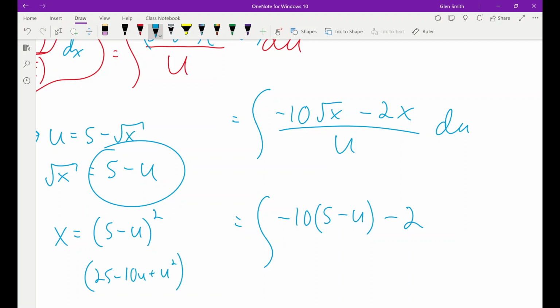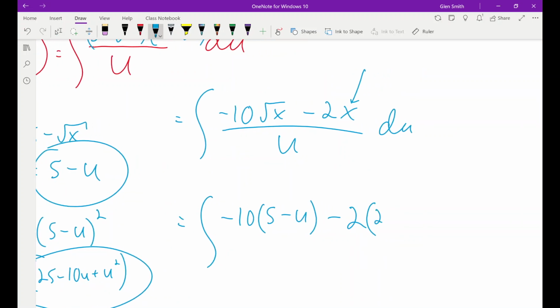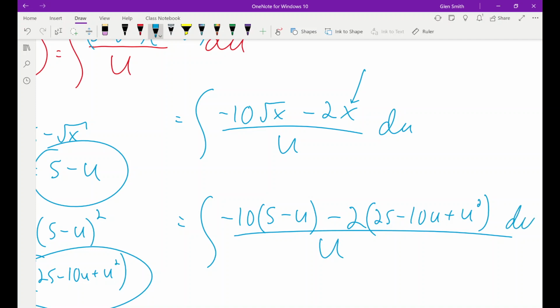So that x that's right here is really 5 minus u squared, which is this thing here. So that's what that is going to become: 25 minus 10u plus u squared, all over u, and there's a du at the end here.